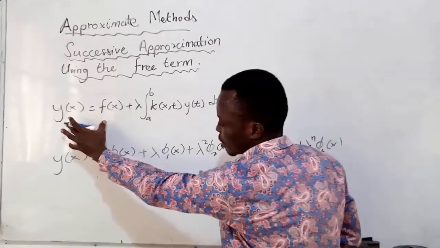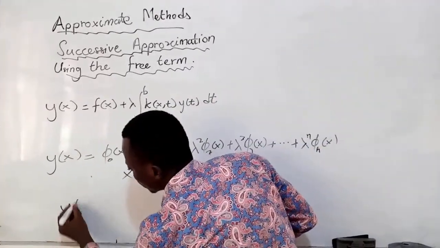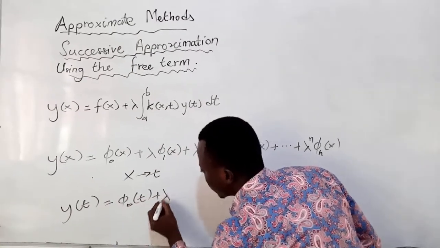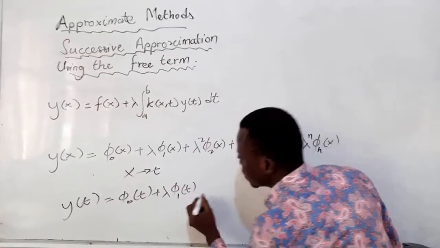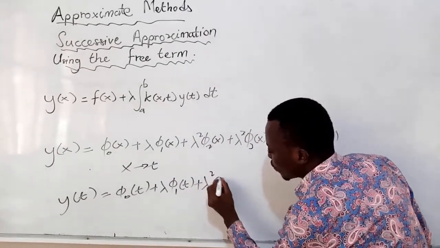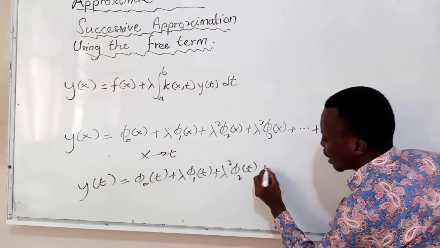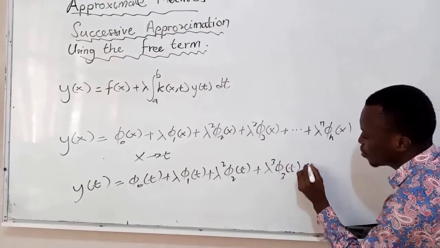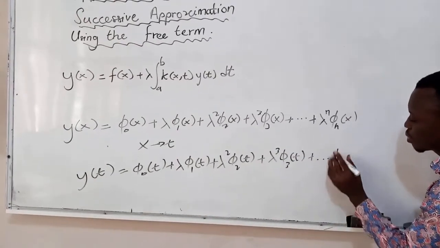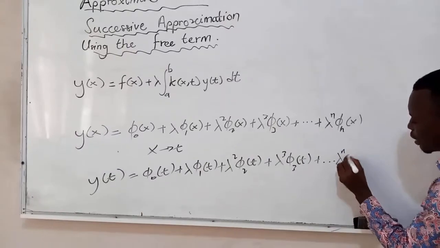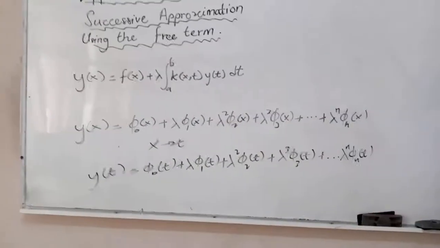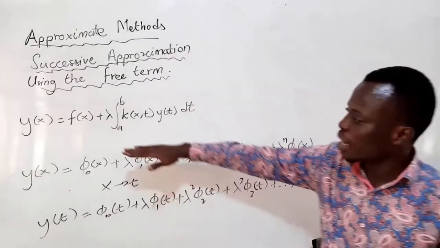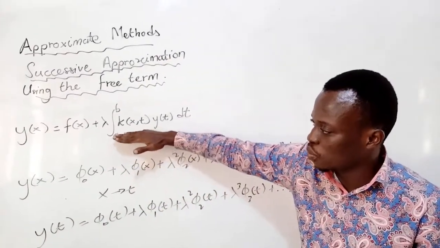This implies that we now have y of t equal to phi naught of t plus lambda phi 1 of t plus lambda squared phi 2 of t plus lambda cubed phi 3 of t plus ... plus lambda to the n phi n of t. So here, let's substitute this equation into the right side of the integral equation.